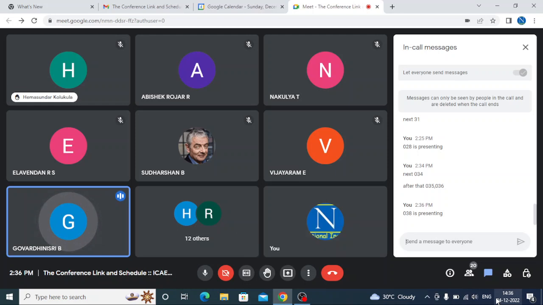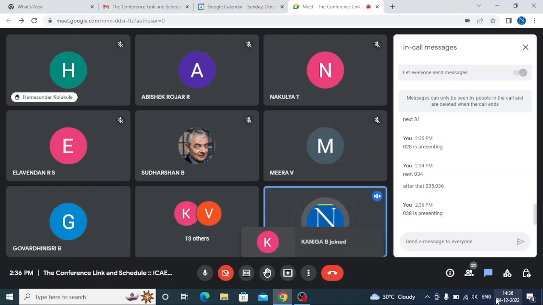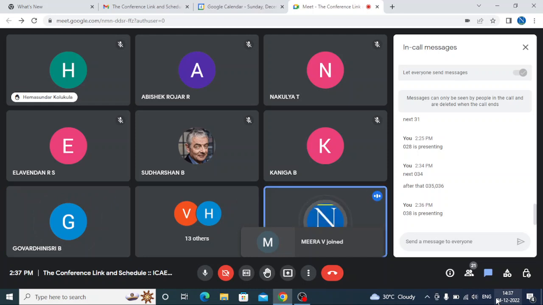Is my screen viewable, sir? What is your title? Detecting impurities in paddy grains, sir. Is our screen viewable, sir? 38, detection of impurities in paddy grains. Okay, screen is not visible. Try to reopen it. Now, sir?